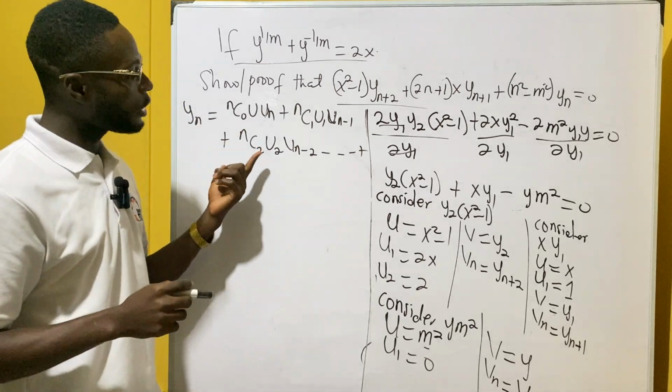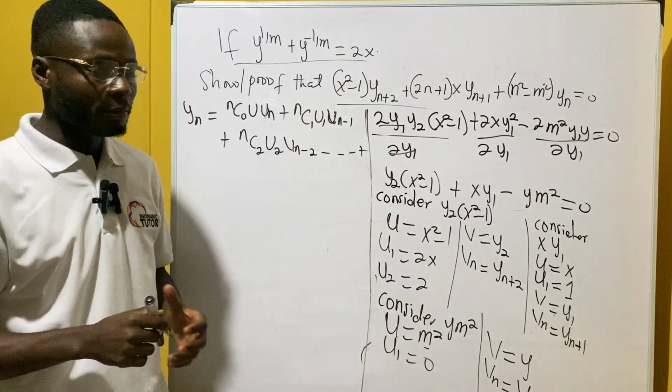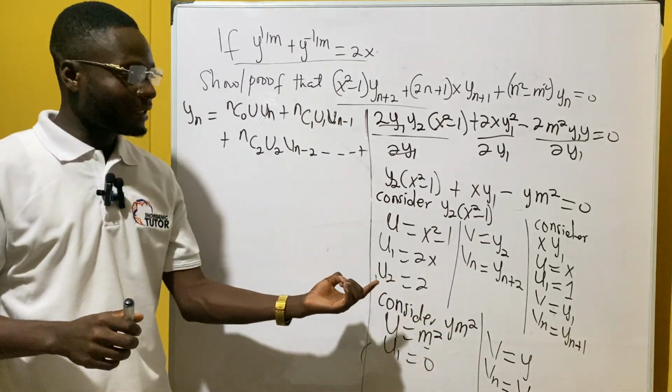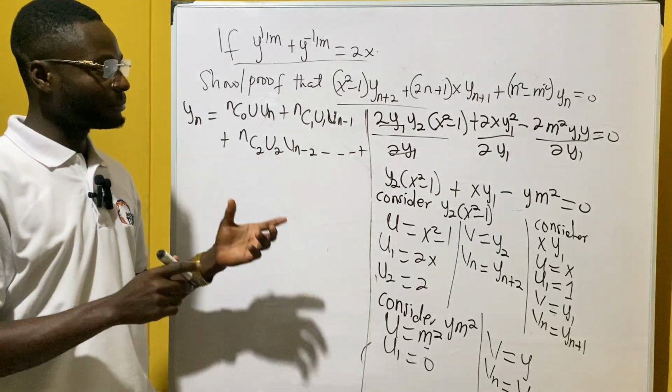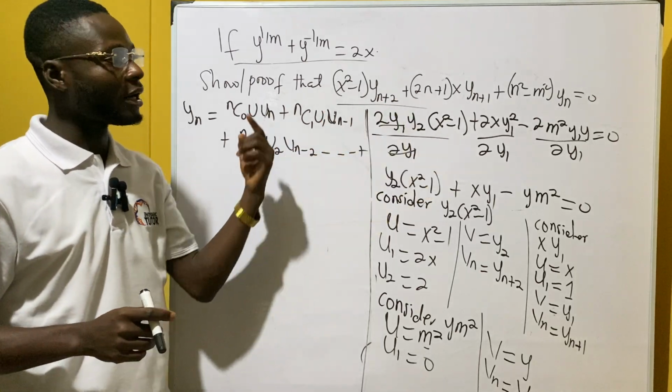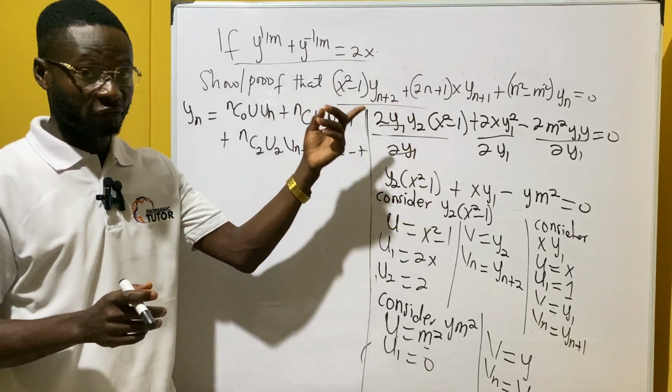So now we are going to plug these parameters into this theorem, then simplify so that we can get the equation that they gave to us to prove, right?